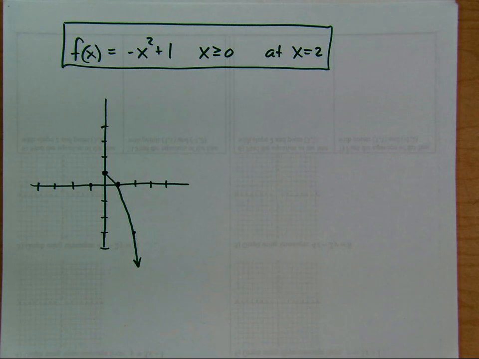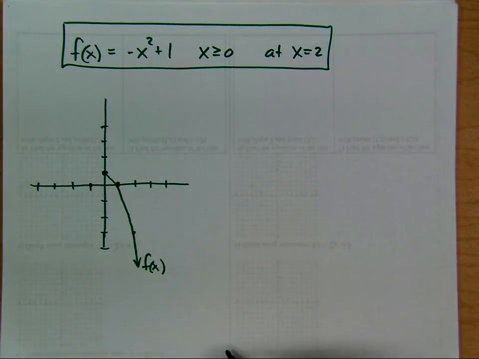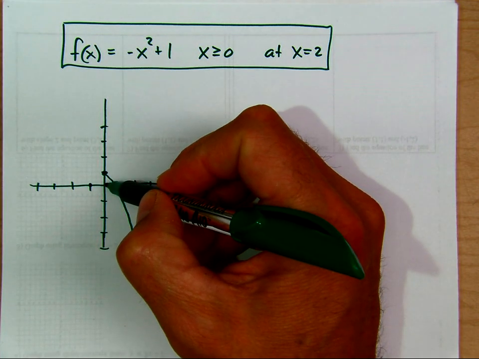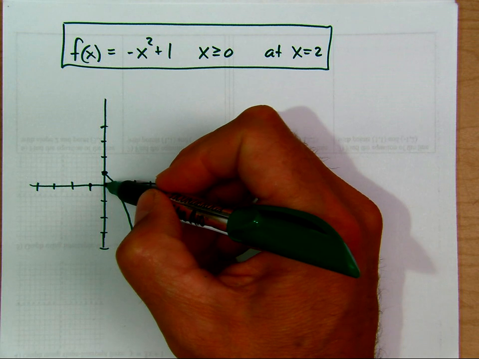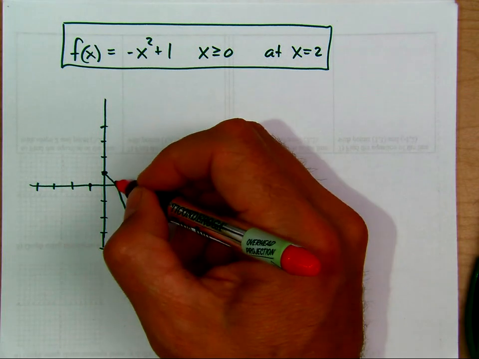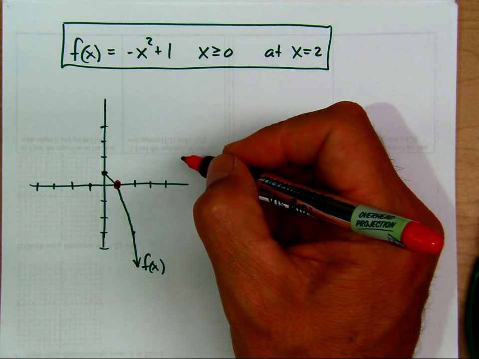Alright, there's f. Then we just have to reflect, we have to switch the coordinates. So if we have a point at 0, 1, now we'll have a point at 1, 0. So the inverse will be in red. There's a point on the inverse.